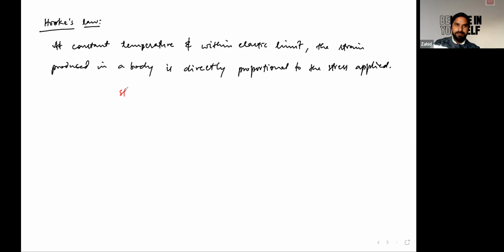So you can say stress applied is directly proportional to strain produced. If you replace this proportionality sign by a constant term, we can write stress equals some E times strain, where this E is called the modulus of elasticity.